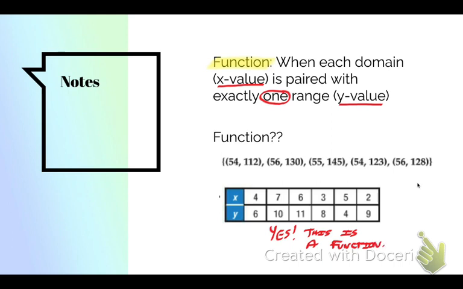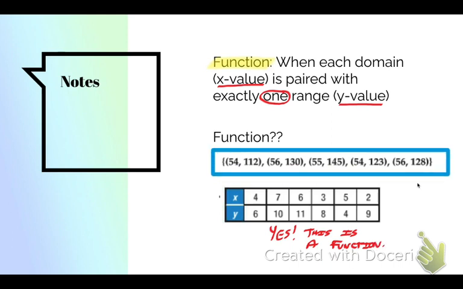Now, if we look at this example here, what you'll notice is the number 54 is with 112, and 54 is with 123. We also have 56 paired with 130 and with 128.